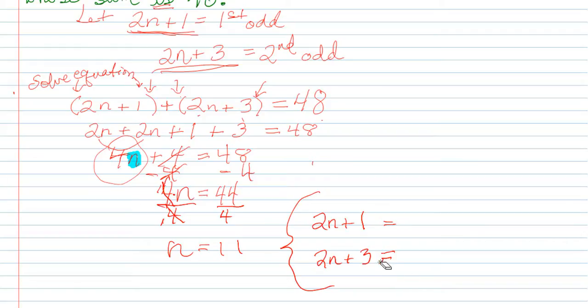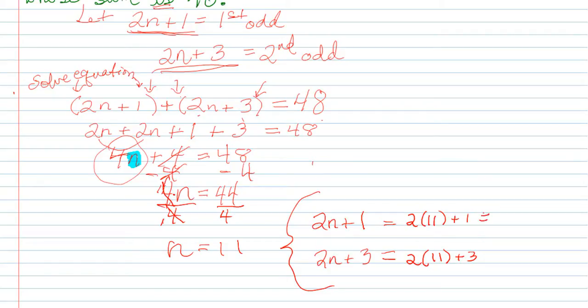So what you're going to do is plug in 11 for n. Easy enough, I think. So here we go. The first integer would be 2 times 11 plus 1. The second consecutive odd integer will be 2 times 11 plus 3.